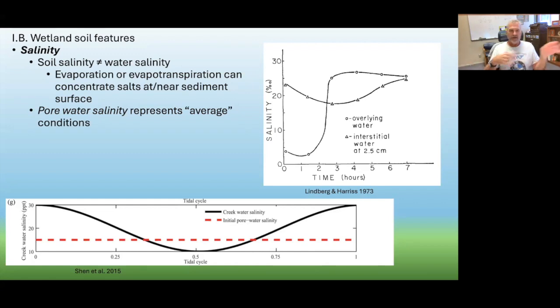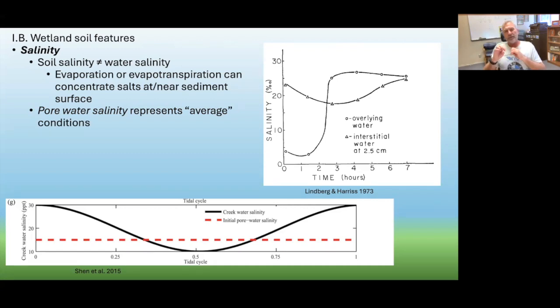So you have a rain event, you've got tides coming in, you've got different temperatures. All of these things affect the different abiotic factors of the water, and salinity is, in fact, one of those things. Evaporation, evapotranspiration can also affect and concentrate soils at or near the sediment surface. So that's something to consider.